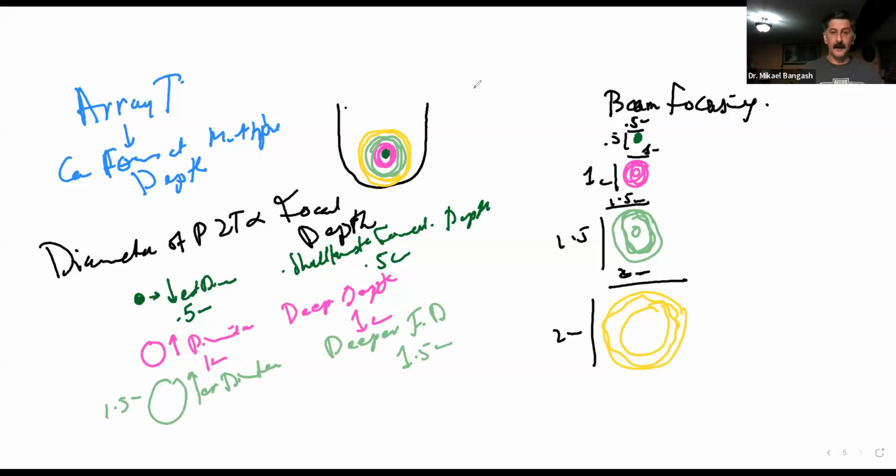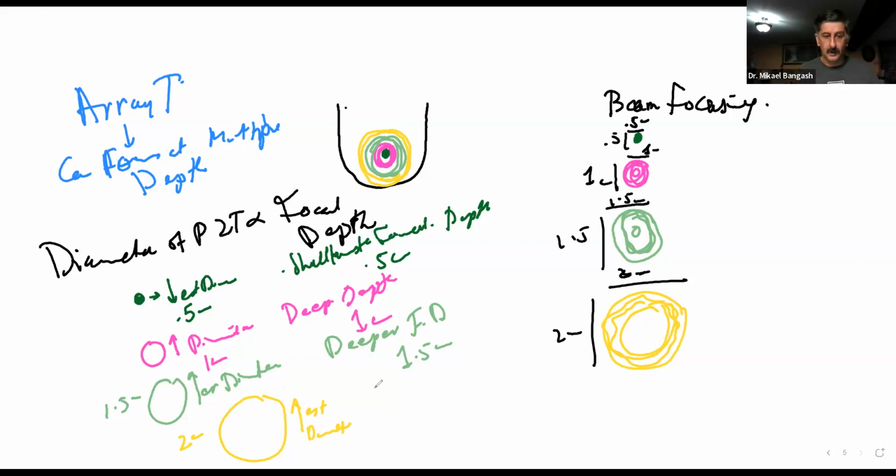Did that make sense? When we go to the biggest one, the biggest PCT or biggest diameter, which we said was 2 centimeter, because that is 2 centimeters wide, 2 centimeters tall.